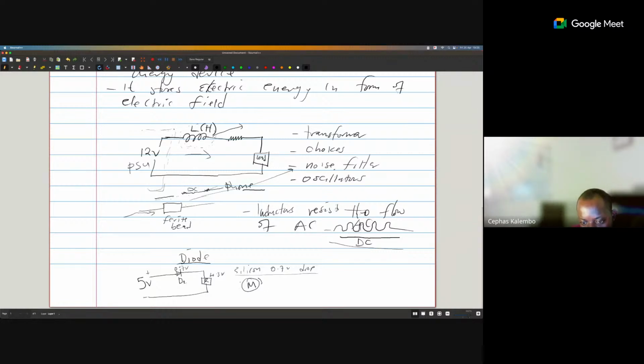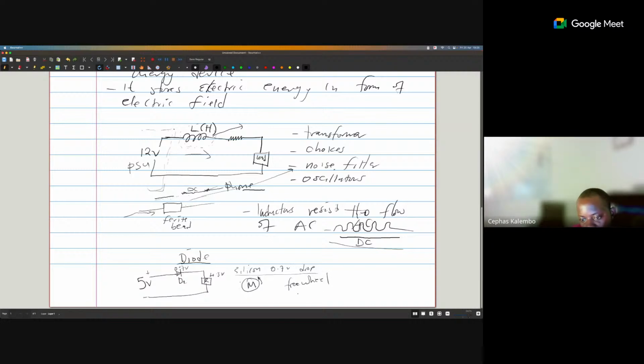This motor was rotating like that, then it comes to a stop. A motor is a mechanical or electromechanical device, so when it comes to a stop, it has some energy. Where does that energy go? If you're designing a circuit that will be driving a motor, you should anticipate where to take that energy when it comes to a stop. Such a diode might be called a freewheel diode.